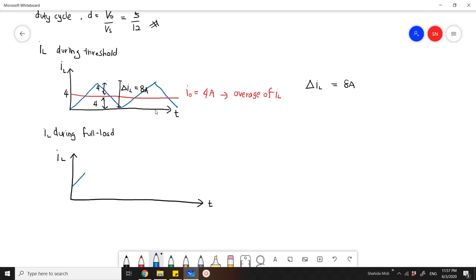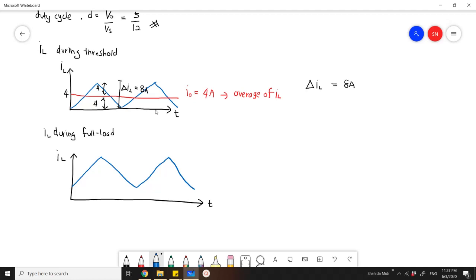Here we have the positive slope while the switch is on, then a negative slope, then a positive slope for on, and again off we have the negative slope. This is the waveform for IL during full load.